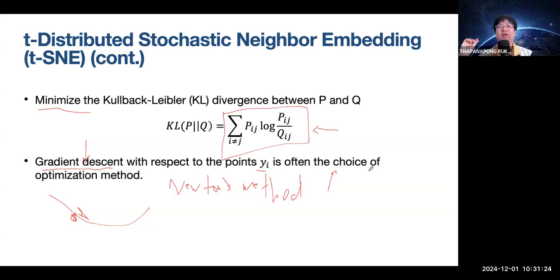If you have new data come in and you want to reduce the dimension of this data, you have to do the entire process again. Right? You have to do the entire process again.